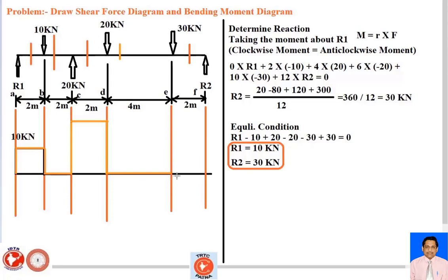So draw a line of 30 kilonewtons downward. So this is basically your shear force diagram, and I have already explained it point by point in my documents. So this is your shear force diagram.